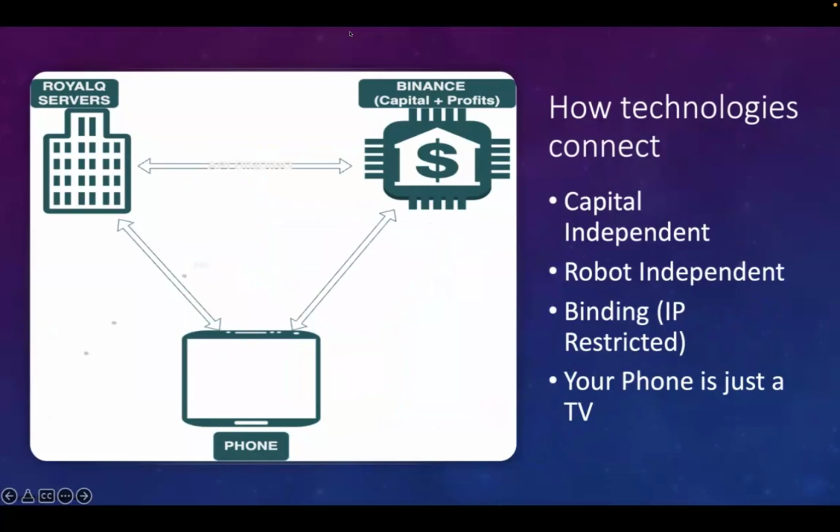And their exchange in this case is like a bank account, right? So your Binance of this world, Bybit of this world, and the rest of it is like a bank account whereby you have your money, which you are 100% in control of. You are only employing the services of RoyalQ. So RoyalQ is like a servicing company that renders the services of their trading bot for you to use to trade the money you have in your exchange, in your bank account.